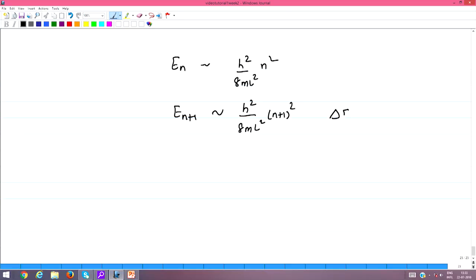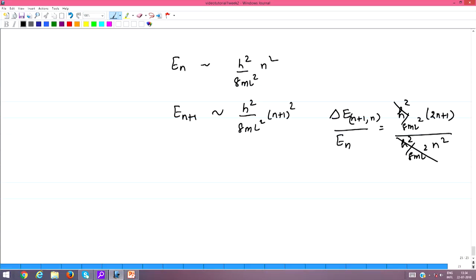Therefore, delta E, between n plus 1 and n, that is, the difference between these two levels, divided by E n. If you calculate, you see the answer is h square by 8 m L square into (n plus 1) whole square minus n square, which gives you 2 n plus 1, divided by h square by 8 m L square into n square.